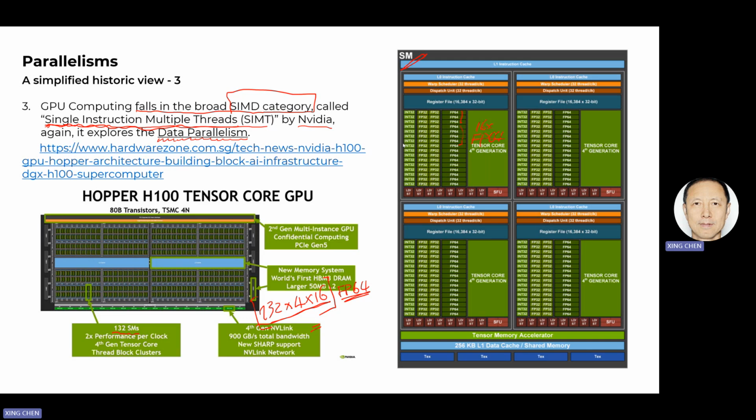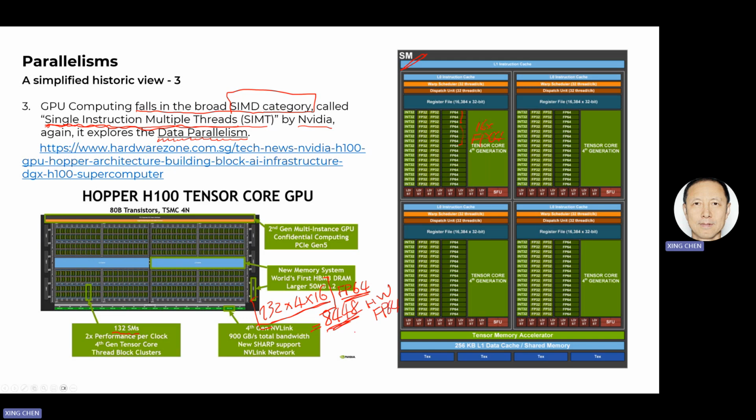So you have 8,448 hardware FP64 units. So that's quite a lot.